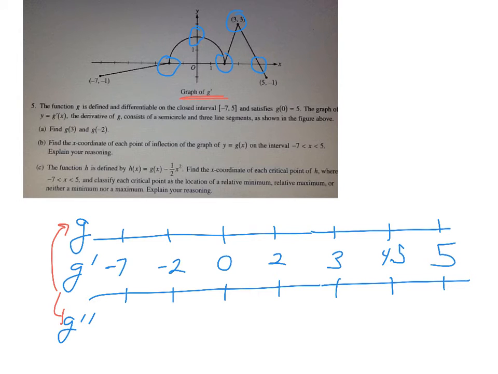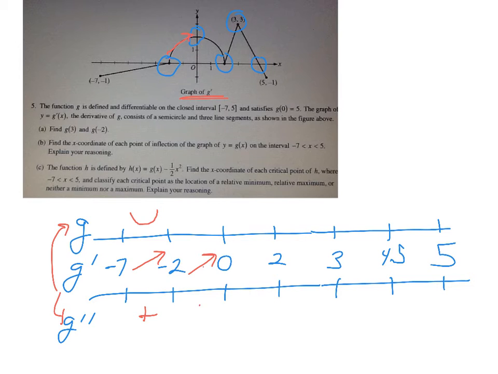So from negative 7 to negative 2, my derivative is increasing. That means g double prime would have to be positive. We go all the way back, g is concave up. Between negative 2 and 0, we're still increasing.